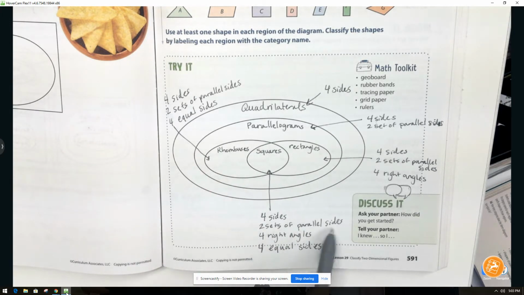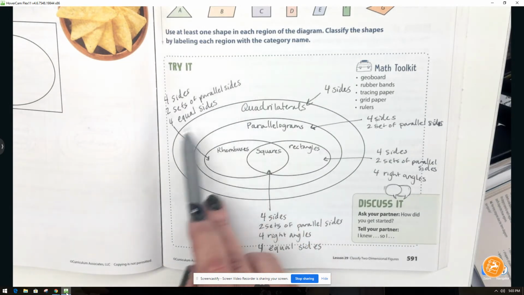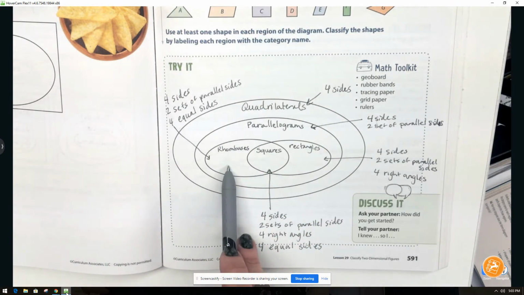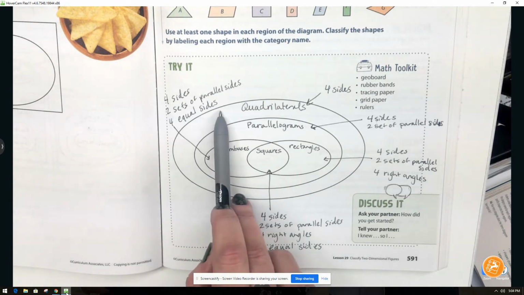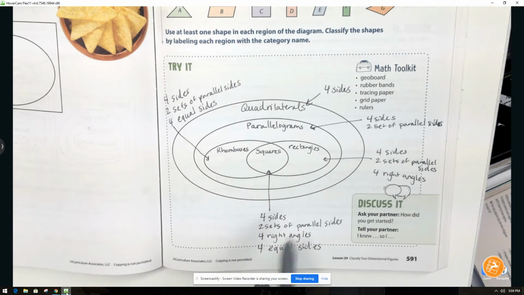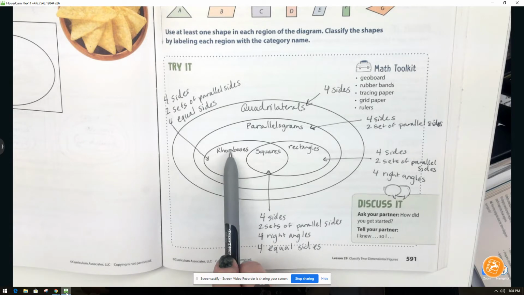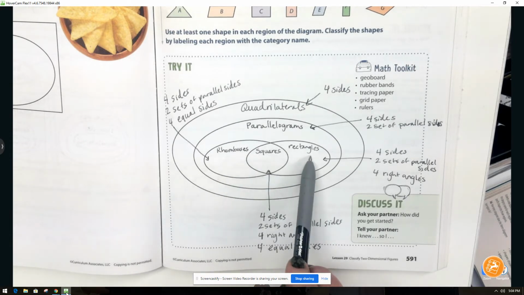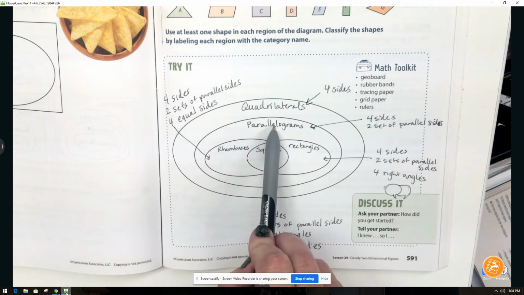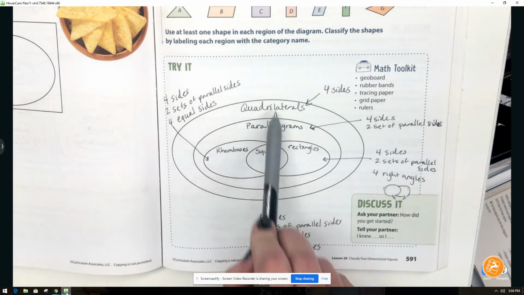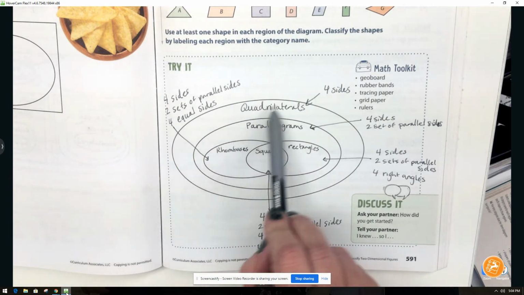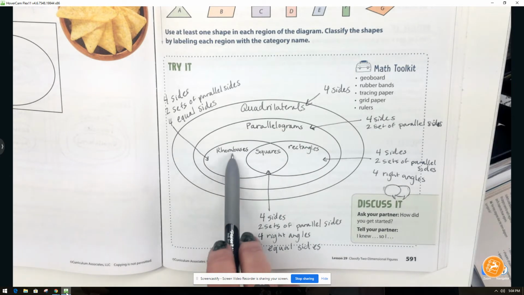Squares also have 2 sets of parallel sides, but rhombuses do not have 4 right angles, but rhombuses do have 4 equal sides. So a square can be called a rhombus, a square can be called a rectangle, a square can be called a parallelogram, and a square can be called a quadrilateral. So a square can be any of these other shapes.